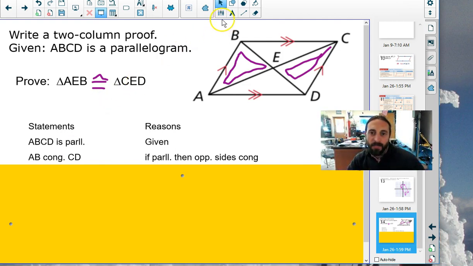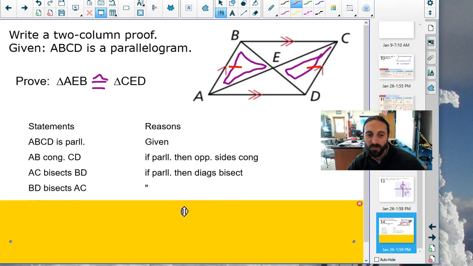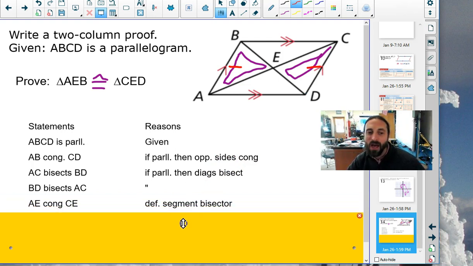And I know, because it's a parallelogram, that AB is congruent to CD. So this side and this side are congruent. Sweet. I also know that in a parallelogram AC bisects BD and BD bisects AC. Well, that's really helpful because when you bisect something, it makes things congruent, and that's what we're saying right here.